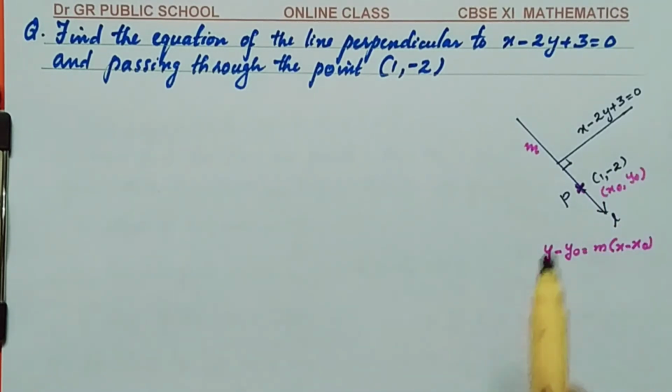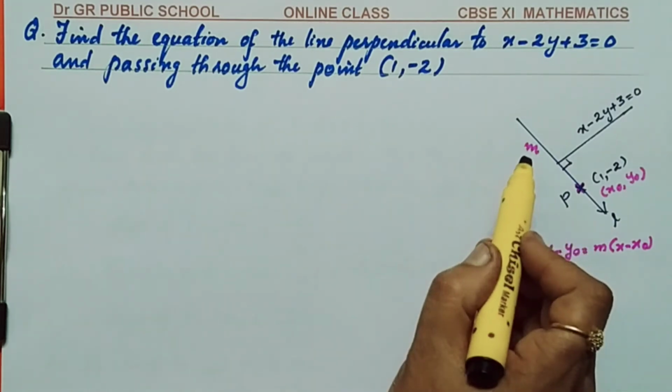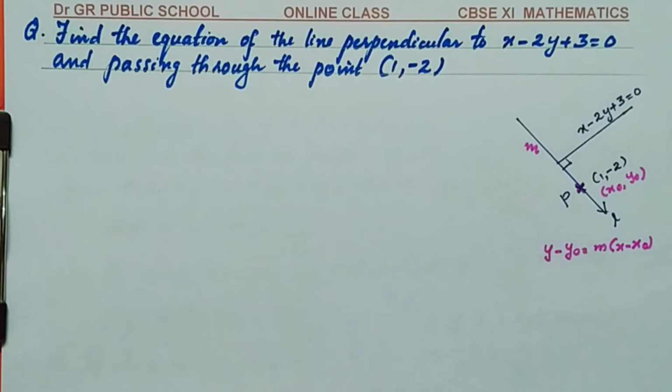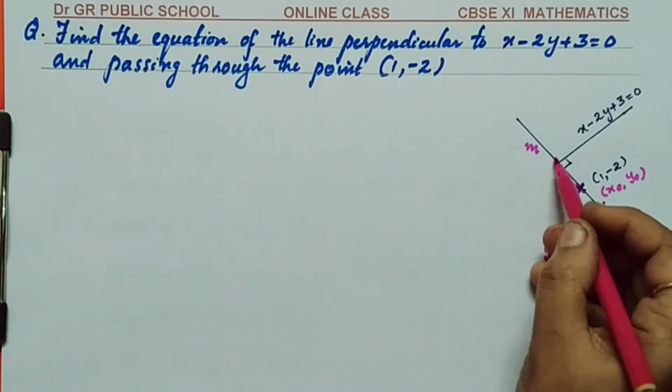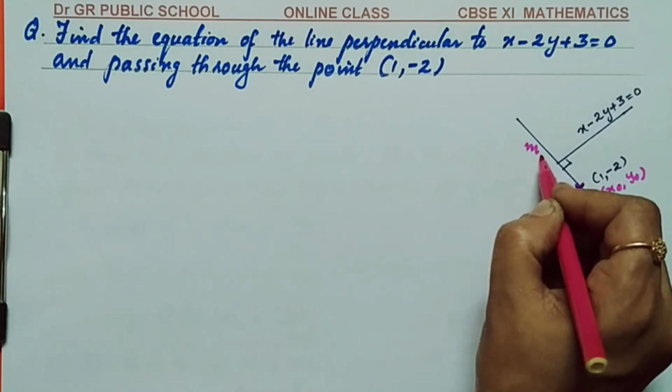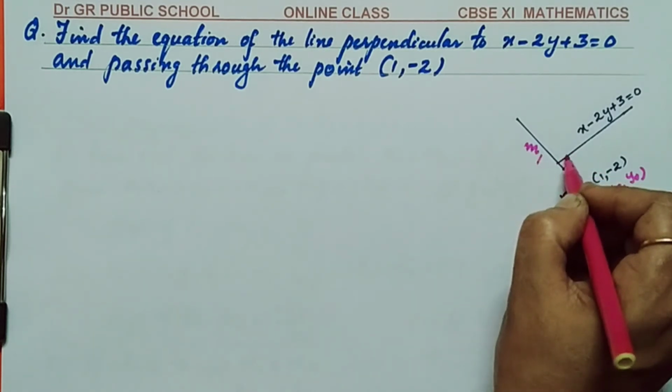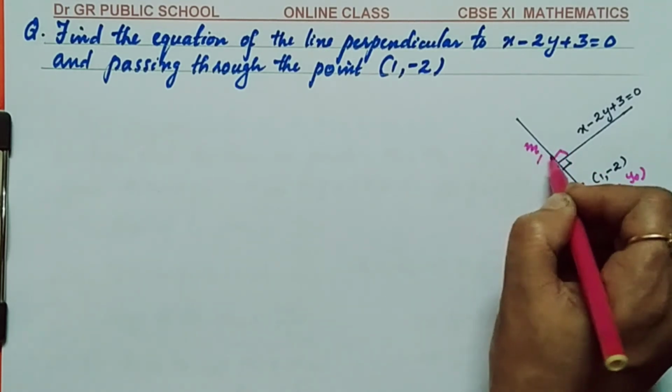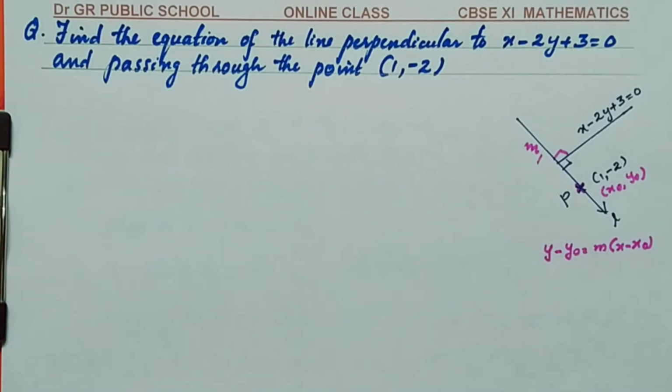So the point is known for you, the slope is needed. But to get the slope of this line, remember this line is perpendicular to x minus 2y plus 3 equal to 0. So the product of their slopes will be minus 1.